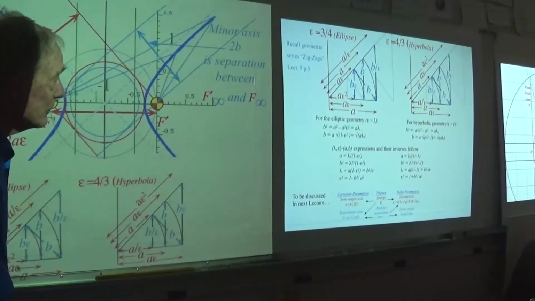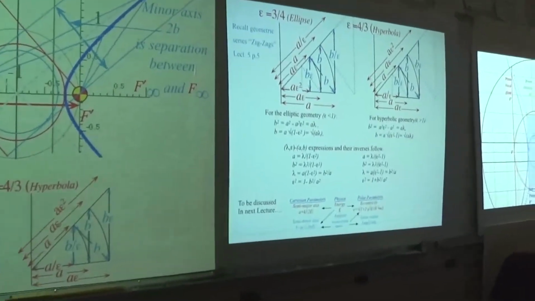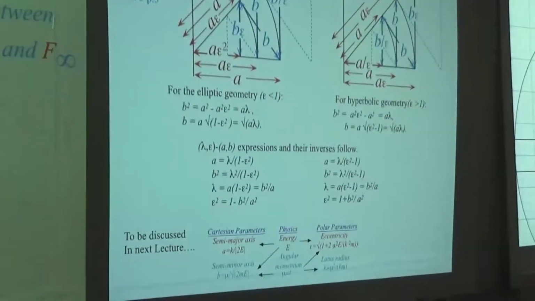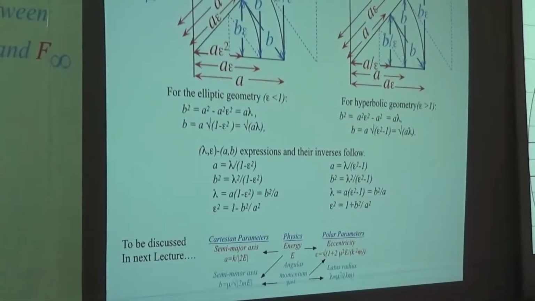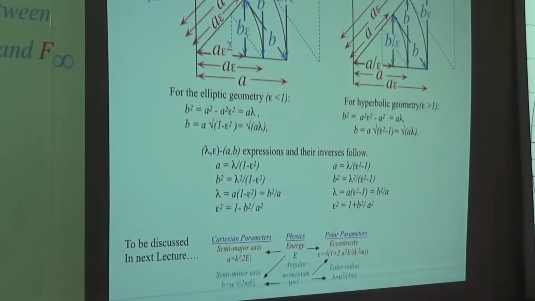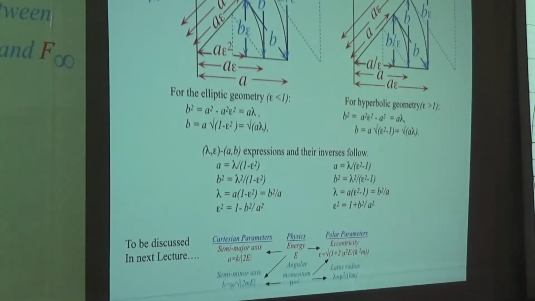Now, all of these things have algebraic expressions. So there are the parameters that we're going to be making use of as we go through various kinds of orbits in the next lecture.